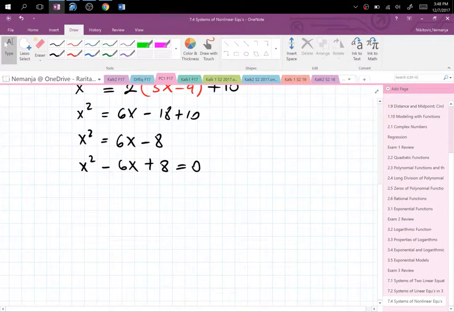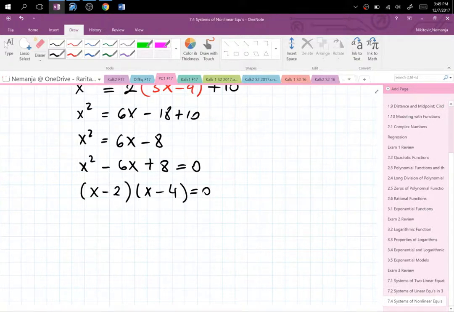Can we factor? Sure, in this case it was easy: x minus 2, x minus 4. Again, if you don't know how to factor, you have the choice of going back and relearning it, or you can use the formula, negative b plus or minus the square root of b squared minus 4ac, over 2a, to get the same values of x equals 2 and x equals 4 as you set each one of these to 0.